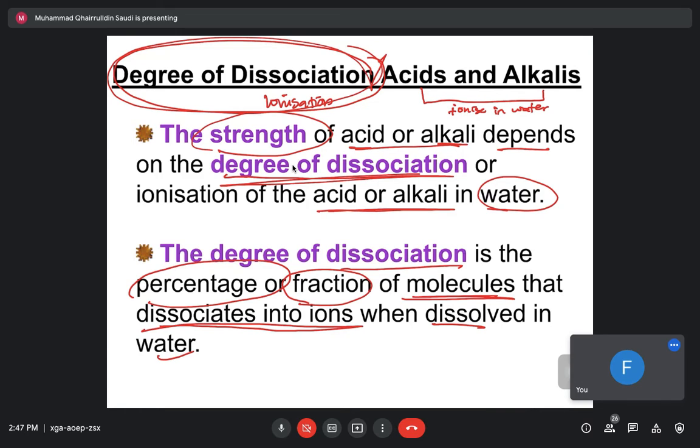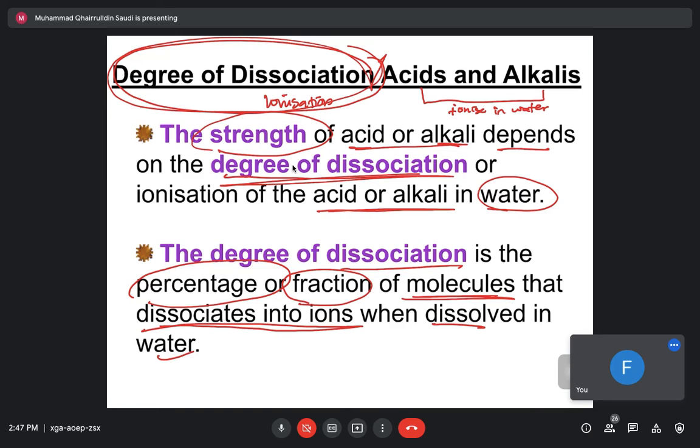Maksudnya macam ni. Apa yang menyebabkan sesuatu acid itu kuat? Hello, apa yang menyebabkan sesuatu asid itu kuat? Disebabkan kehadiran of hydrogen apa? Hydrogen ions.